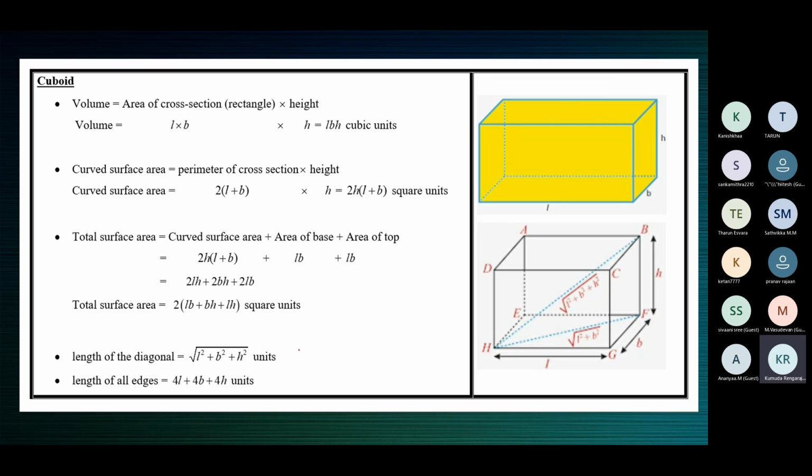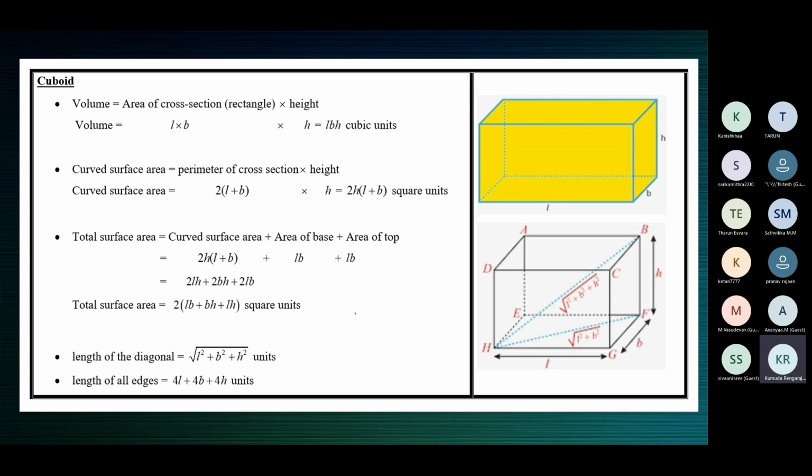Yes, children. So this is a cuboid, the next solid figure, cuboid. When you have identical rectangles, say rectangles of length 5 centimeters and breadth 3 centimeters, you stack them up.